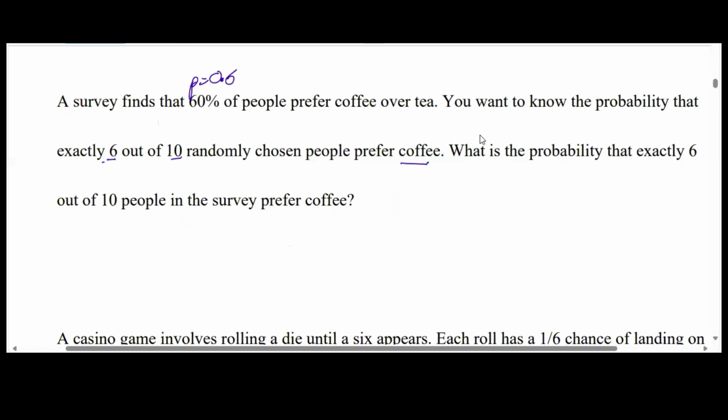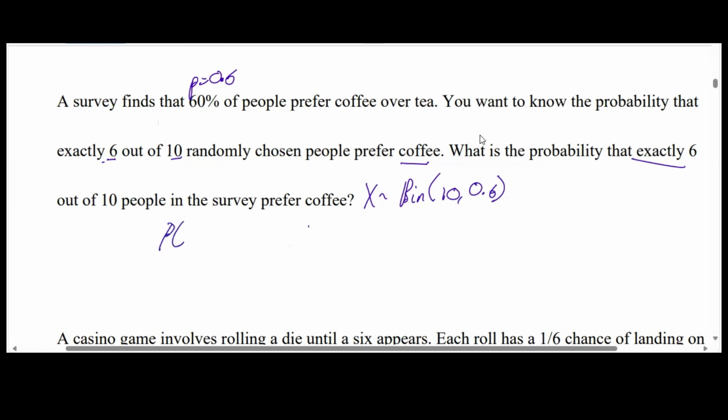In this case, this will be the success. What is the probability that 6 out of the 10 prefer coffee? So X follows a binomial distribution. n in this case is 10, and the probability of success is 0.6. They said exactly 6.